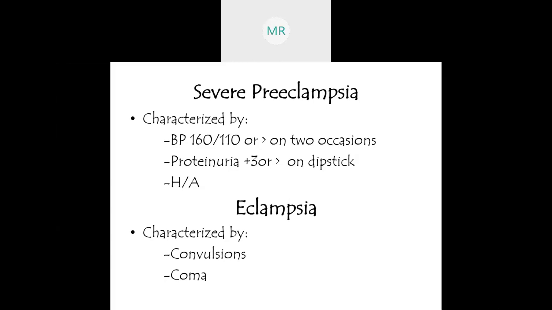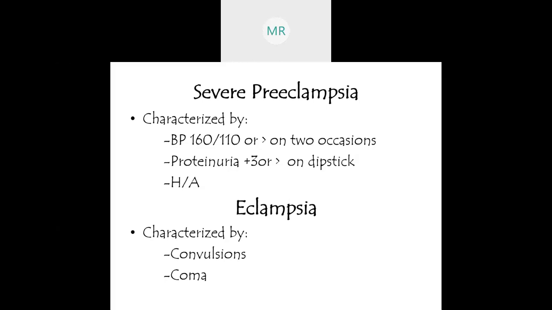And then if we can't get IV access right away, nifedipine is commonly prescribed for mild to moderate hypertension in pregnancy. The initial dose is 10, and it can be repeated at 20-minute intervals for a maximum of 5 doses. So I just gave you a little scenario of what is done in-house, because this is severe.